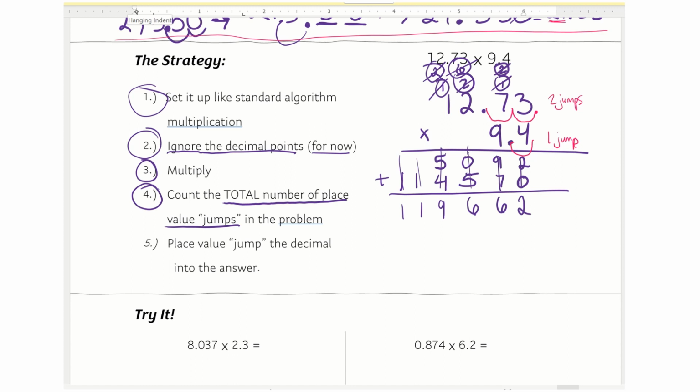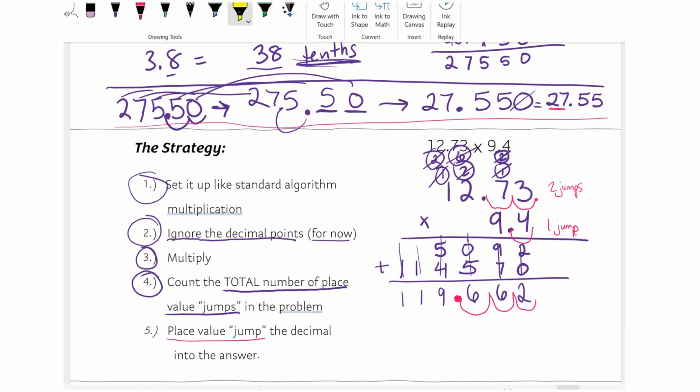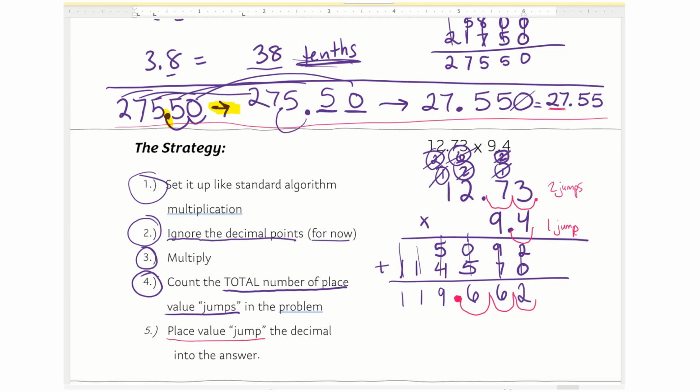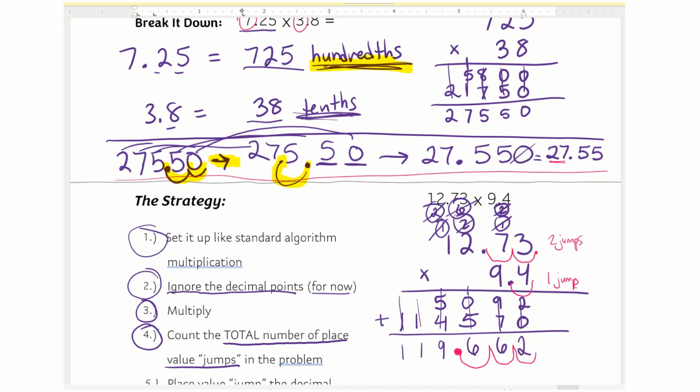So that last step, I'm going to place value jump the decimal into my answer. I'm going to start on the outside and go 1, 2, 3. And that's where my decimal belongs. What we just did there was this work up here. I'm going to highlight it up here when we had to figure out what to do with our decimal since we were multiplying by hundredths and tenths together.